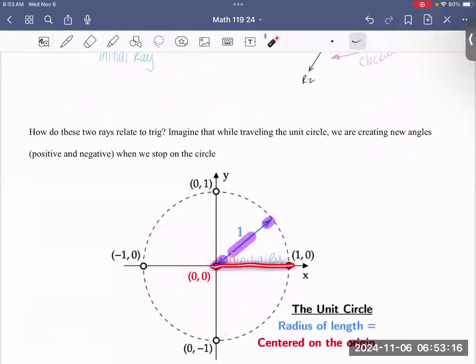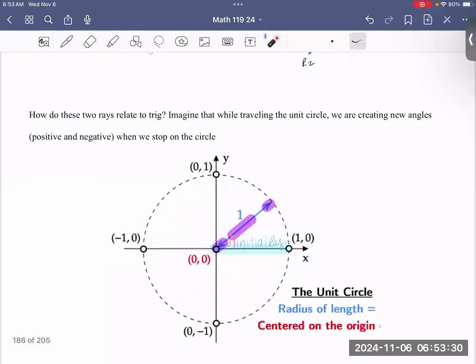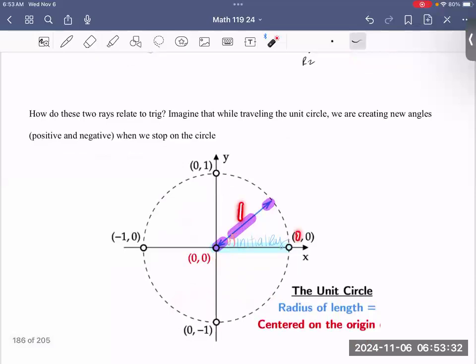Every time that your ray touches the outer wall of your circle, that is your radius. Your radius has the same measure all the way around because that ray is going to be the same value. Notice that value is 1, and that relates to all of these values here on the coordinate plane. We're taking a circle with a radius of 1 and putting it right onto a coordinate plane.